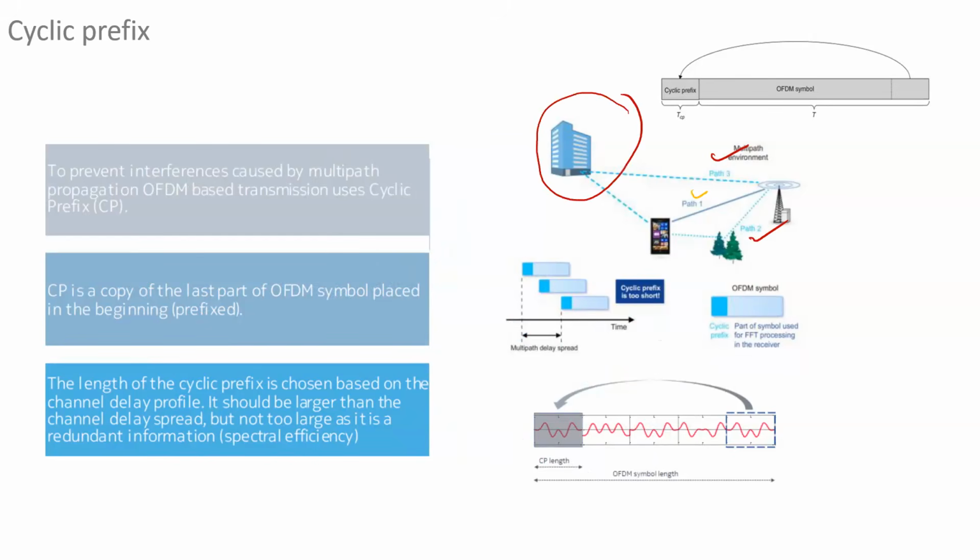So the replicas of transmitted signals are received with different delays at the receiver. It causes the multipath delay spread of the radio channel. The cyclic prefix should be designed such that it is always longer than the multipath delay spread. So why should the cyclic prefix be longer than the multipath delay?